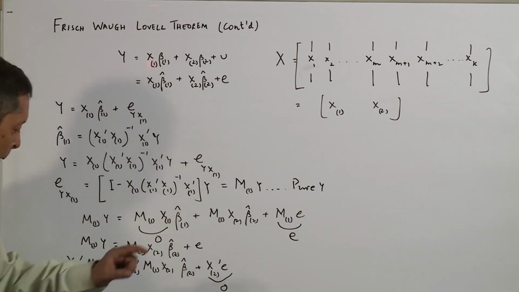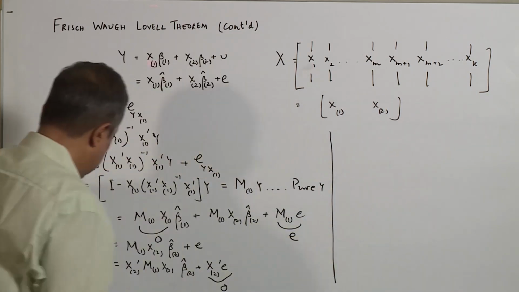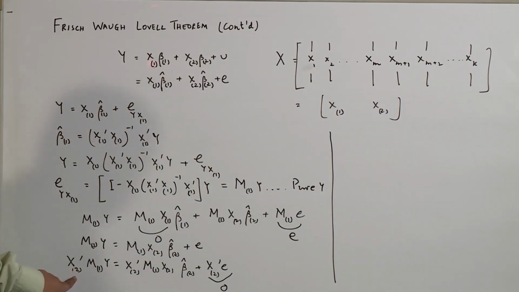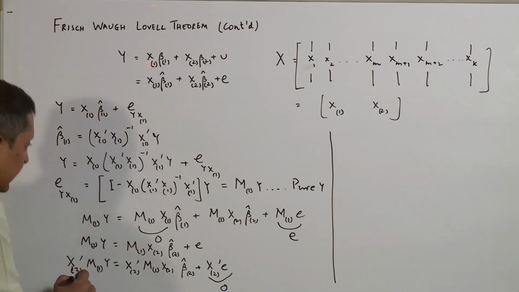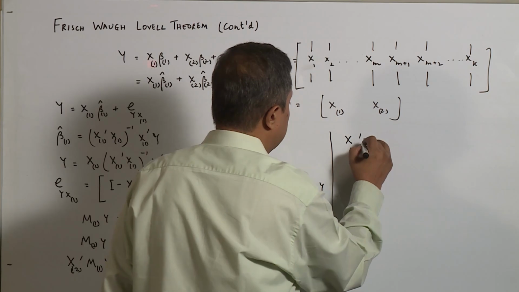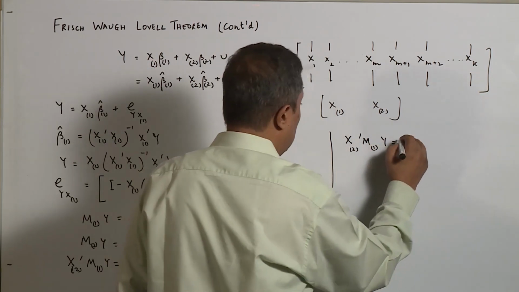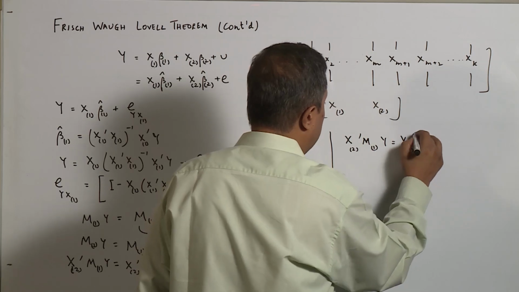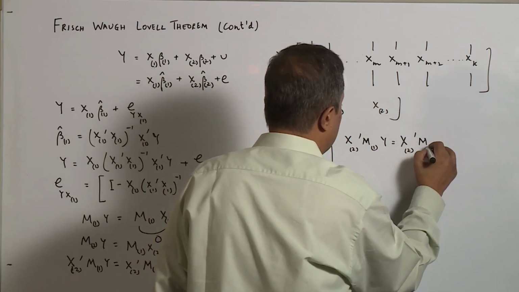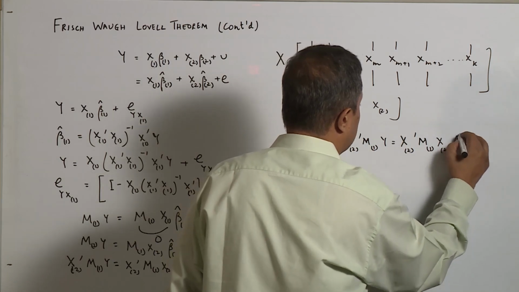So, this is equal to 0. That, dear viewers, leads to the final step: x2' M1 y is equal to x2' M1 x2 beta 2 hat.